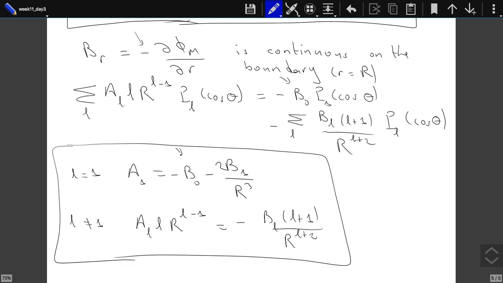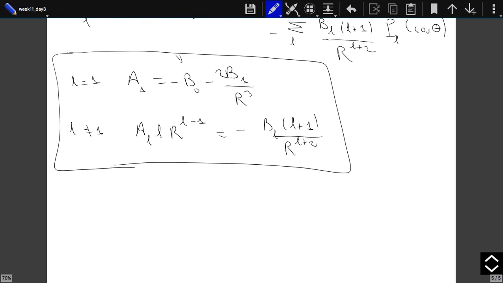Question? Okay, so we know that there are no free currents, so H parallel is continuous.